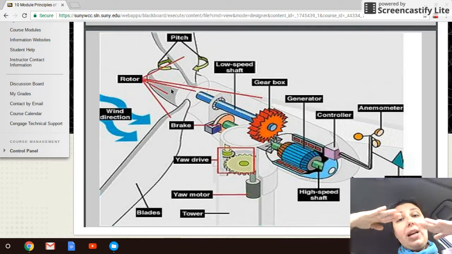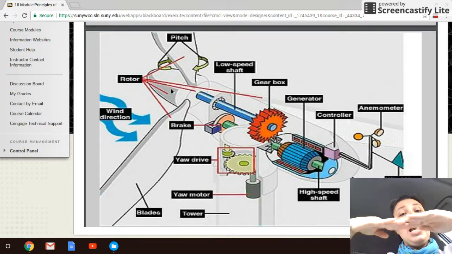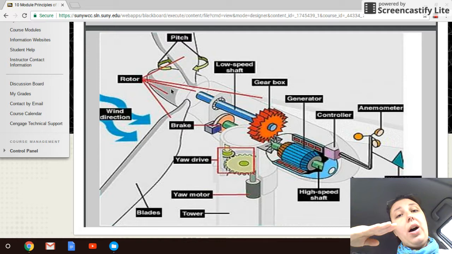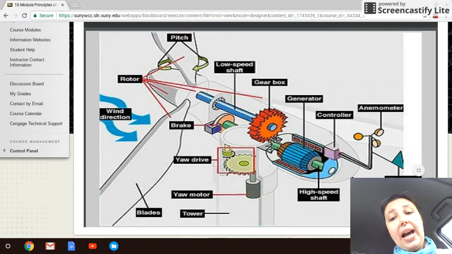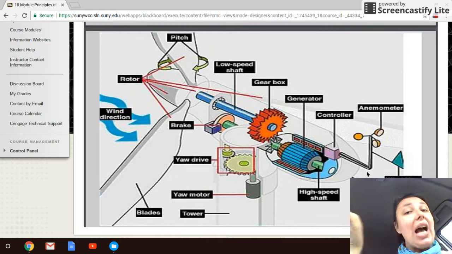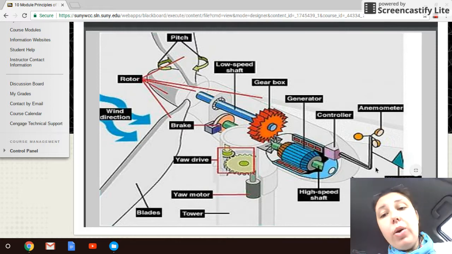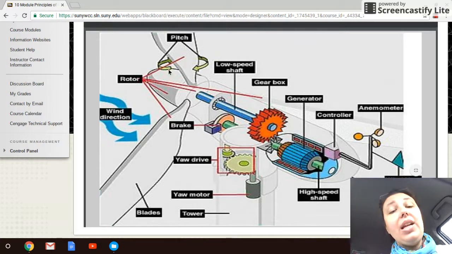So if the wind is coming from here, it's actually hitting the housing body on my system. This is different than small-scale wind turbine systems, which use a tail on the back of the nacelle, and that tail keeps it turned downwind so that the wind always flows up and over the nacelle and into the blades.